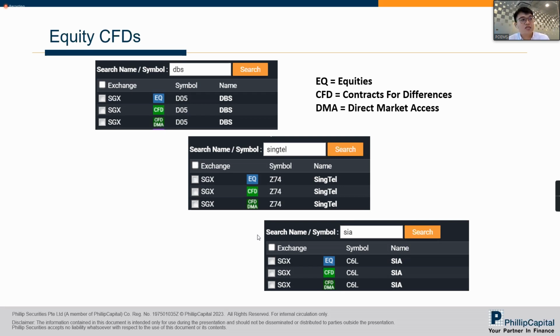If it shows CFD, contracts for difference, it means you trade using your CFD account. DMA is also used the same as a CFD. I'll let you know the difference between CFD and CFD DMA in the slides later.